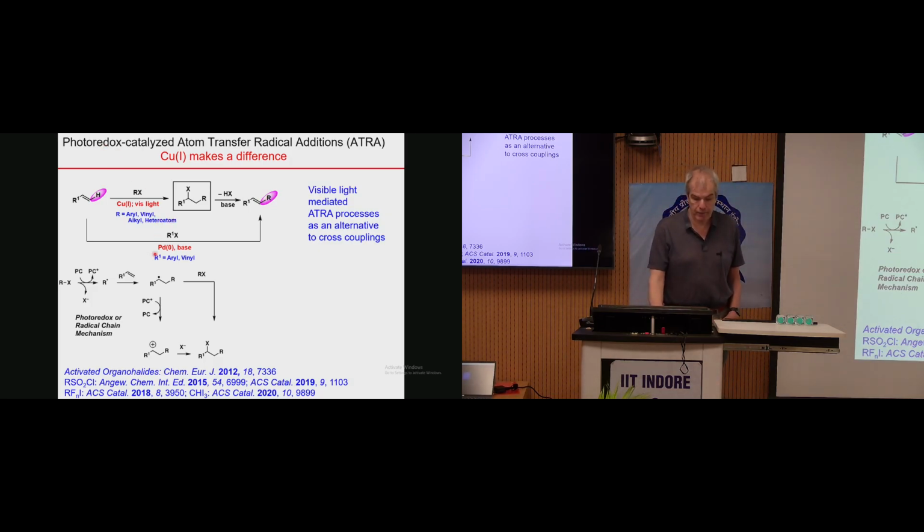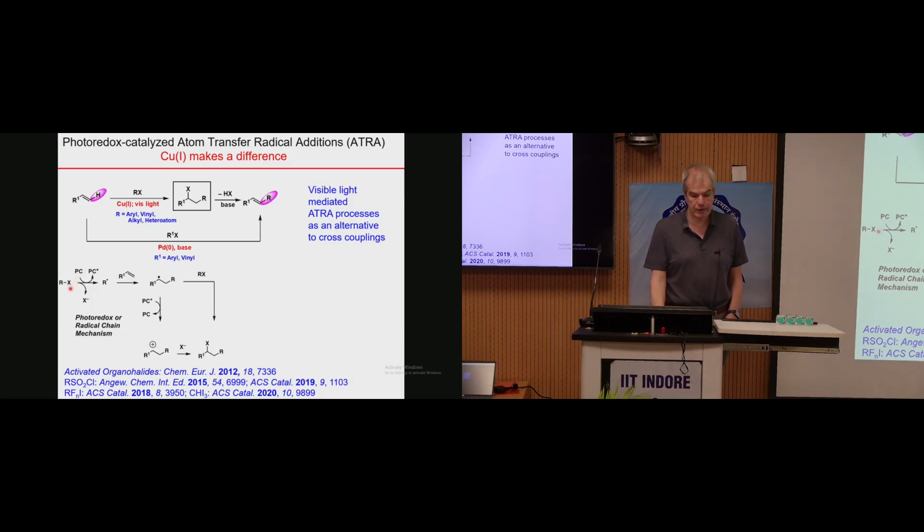And there are two ways people thought about this in the literature, how this reaction can proceed. You have your precursor, and from this precursor you generate the radical, and this can be done by a radical initiator, AIBN, for example, or it can also be done by the photocatalyst.